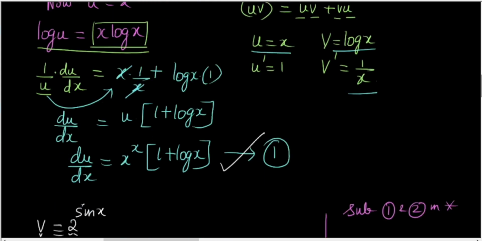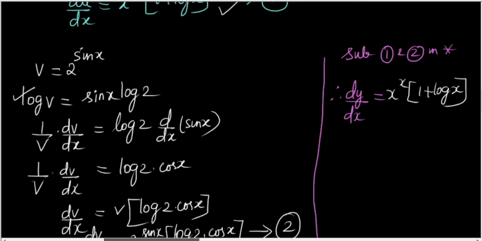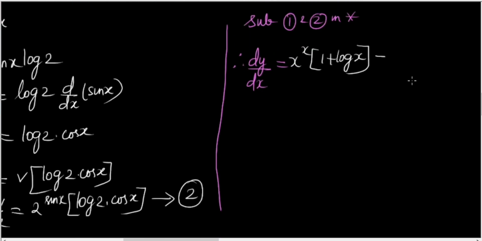So I'm going to write down the minus sign in between. And then we have got our dv over dx, which is 2 power sin x, and inside the bracket we have got log 2 times cos x. So this is our final required answer.